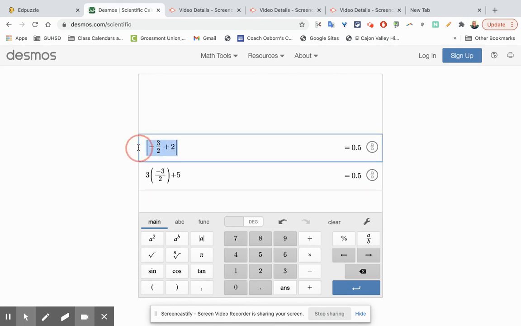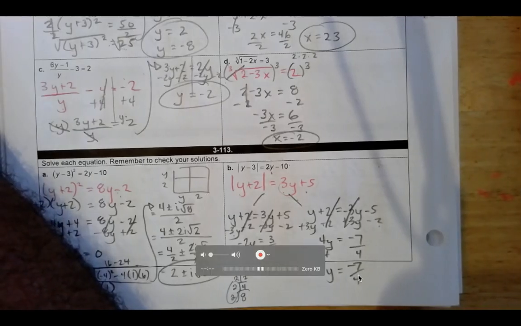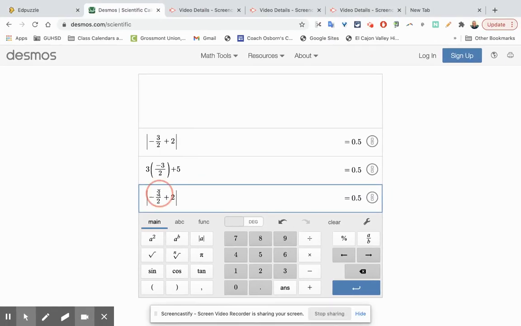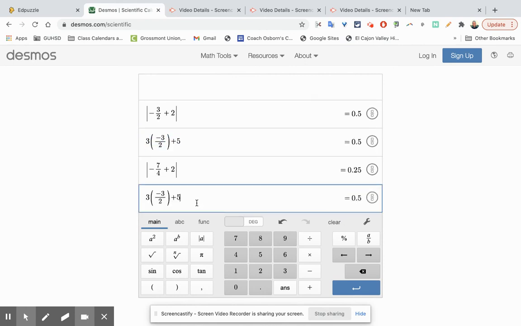Okay, so now I'm going to copy this because I'm going to do the same thing with the other answer and just type it in place. So here it was negative 7 over 4. So now I do negative 7, and 4 on the bottom. Then I'm going to do the same thing with the right side of the equation and make sure they're equal.